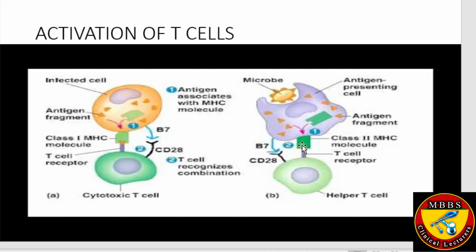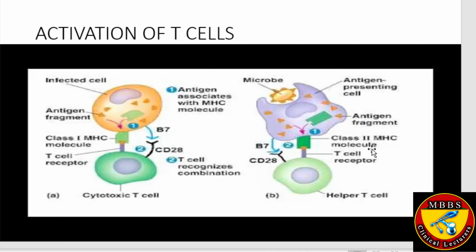Then this complex of MHC2 and peptide is transported to the surface of the antigen presenting cell. This complex is recognized by the T cell receptor on the helper T cell, or the CD4 positive T cell, and attached to it and becomes activated. So this is the process of helper T cell activation.